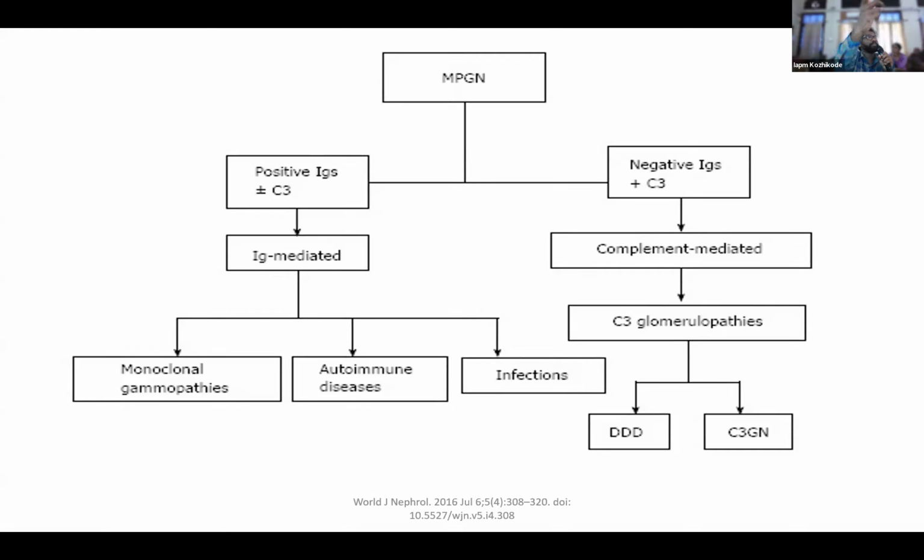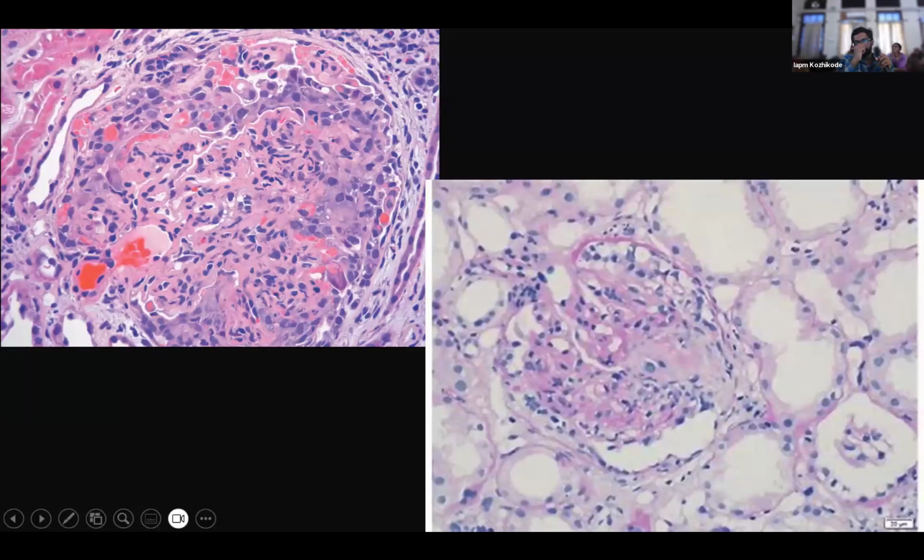You should correlate with the EM diagnosis. If dense deposit is seen, it's DDD. Otherwise, C3 glomerulonephropathy. And as I already told, all these can have multiple patterns. This can also have crescentic appearance. And finally, all these things can go to FSGS and global sclerosis.